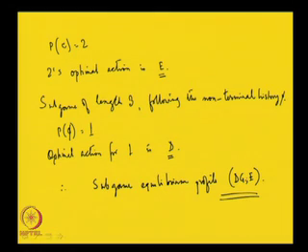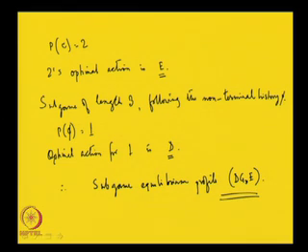Before this comma, I have DG, which is the strategy of player 1, and after the comma I have the strategy of player 2. The interpretation is the following.